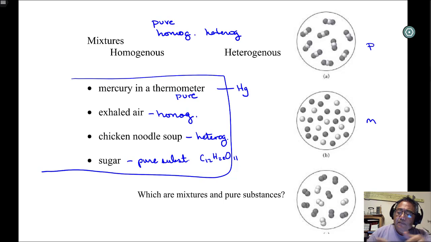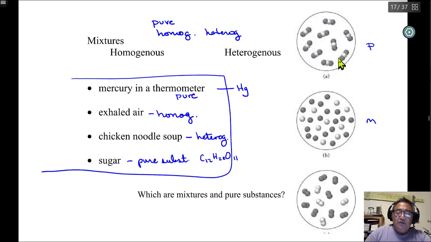This middle picture, panel B, is also darks and lights, but here they're combined in the same proportion always. Here they're separate atoms, so this is a mixture of atoms. This is a pure substance. And this one is a mixture of elements that are molecular, for example, like nitrogen and oxygen, or other gases like the other diatomics, which we'll talk about later.